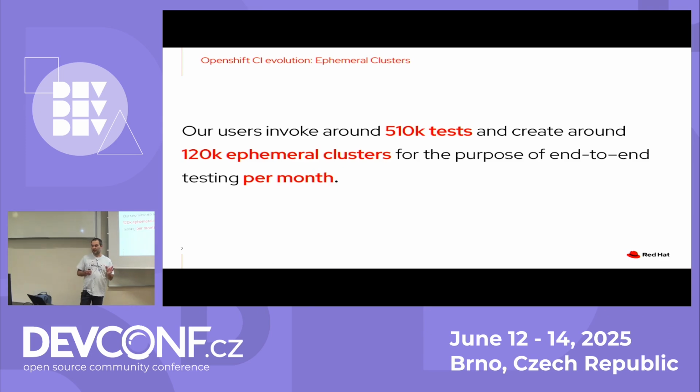This is an entity of the test. Our users create them ad hoc, and they are destroyed after the test. They are mainly for end-to-end testing. So our users monthly invoke over 500,000 tests, and they are creating a bunch of ephemeral clusters for the purpose of end-to-end testing. And this is more or less our platform nowadays.